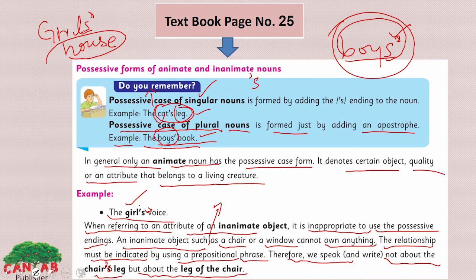We cannot say chair's leg, but we can add the preposition of here, and we can write like this, leg of the chair, to show the relationship between the chair and the leg. Because chair is an inanimate noun here, not a living being. But we have added an apostrophe and s here to show the possession because girl is an animate noun here.